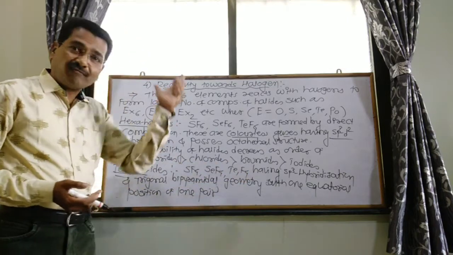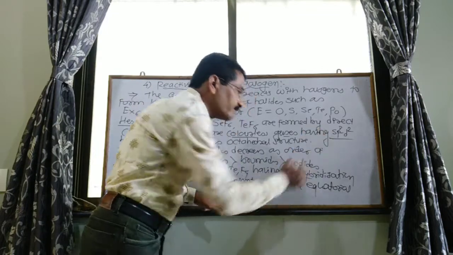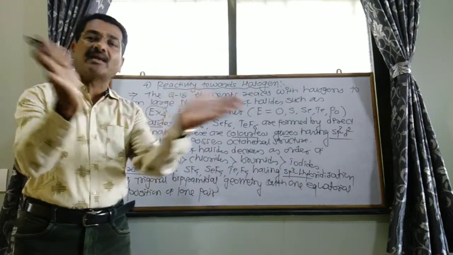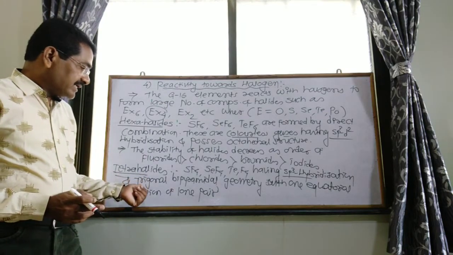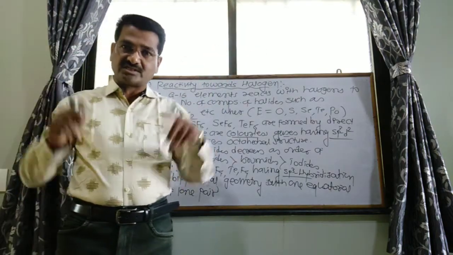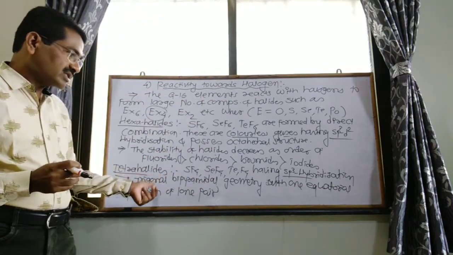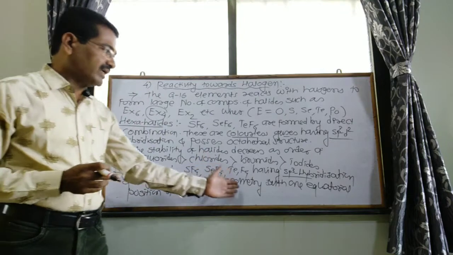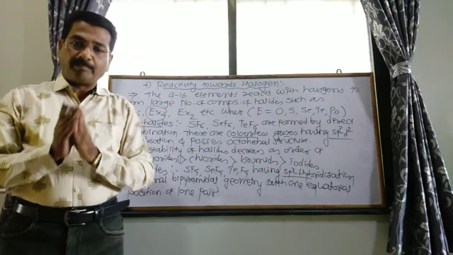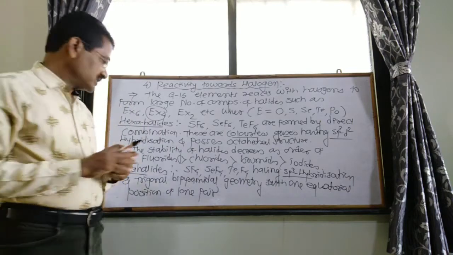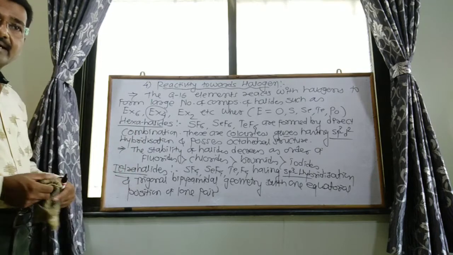All these tetrahalides have trigonal bipyramidal geometry with one equatorial position occupied by a lone pair of electrons. So these are the hexahalides, then the tetrahalides.